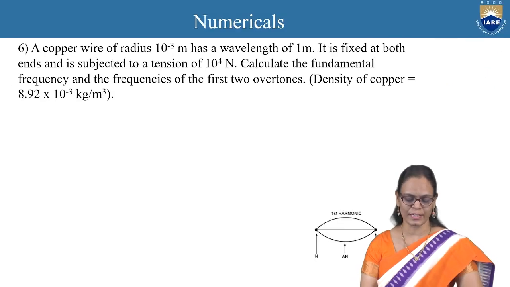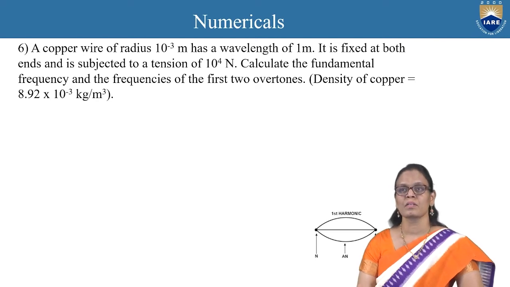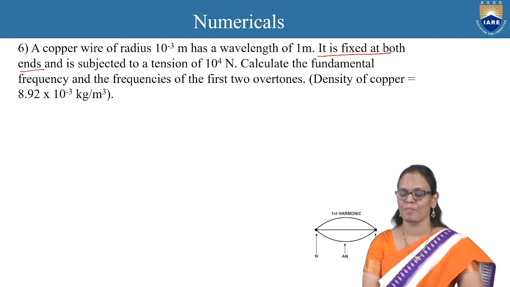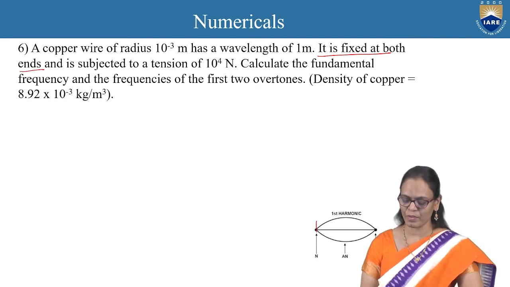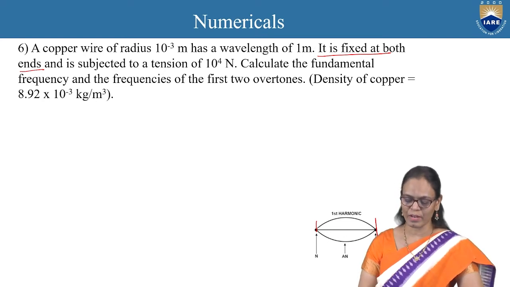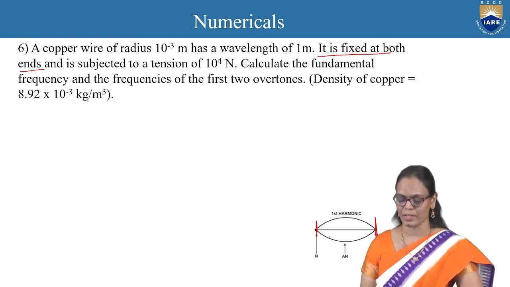So what is the data? It is given that the wire is fixed at both the ends. So whenever we are fixing a wire at both the ends, this is the least mode of vibration. You will have a node at this fixed end and also a node at this fixed end. So in between the two nodes, we have an antinode.